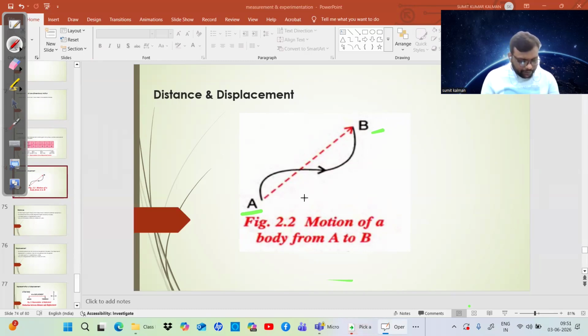And students, this dotted line path is called the displacement.